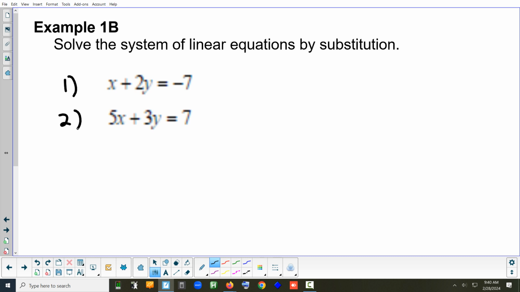We need to make it so there's a letter by itself. Which equation do you think is the easiest to get a letter by itself? 1. Yes. And which letter? The X. The X is going to be easier to get by itself. We're going to move the Y. Yep. So let's just copy that down.